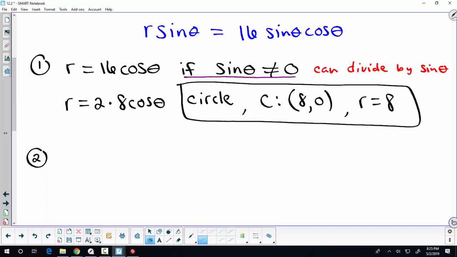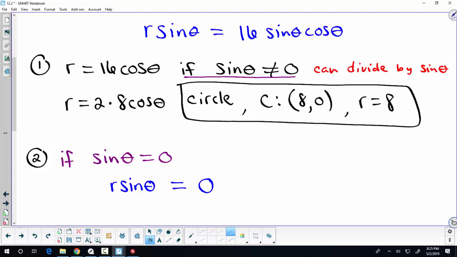The other thing is, if sine is not 0, we could divide through by sine. But what if sine is 0? Then we can't divide through by sine and get that equation of a circle anymore. So that would just be r sine theta equals 0, right?